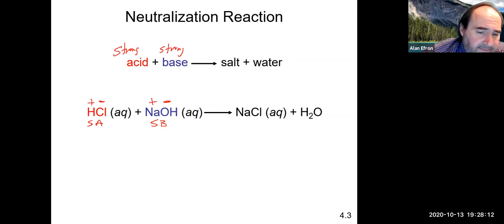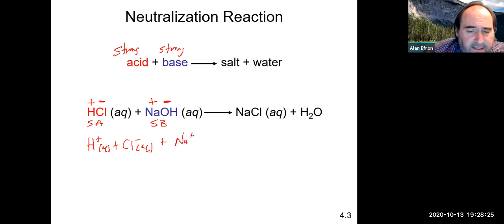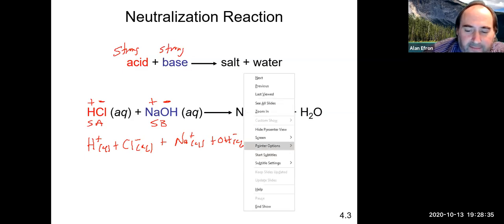What's ultimately happening here is our two positive ions are switching partners. This is technically H plus and Cl minus, as it's a strong acid. This is Na plus and OH minus because it's a strong base, so it would break apart. On the other side, we have NaCl, which will break apart as well.